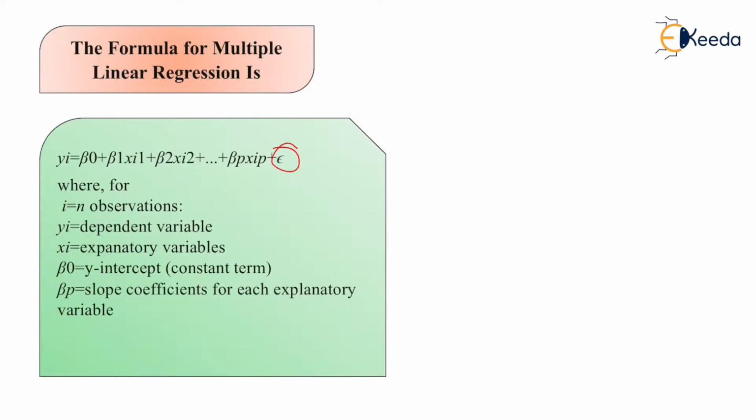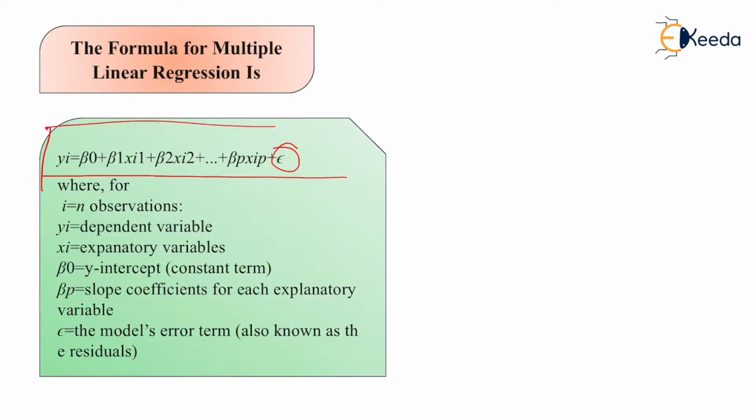And beta p is the slope coefficient for each explanatory variable that you have to calculate, and epsilon is the model's error term. It is also known as the residual. So this is a basic formula which you should know.